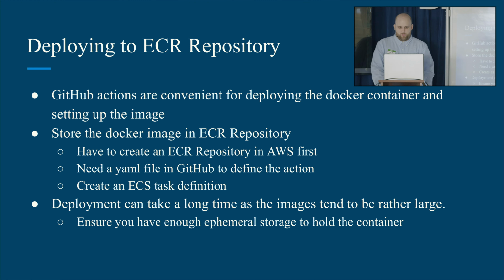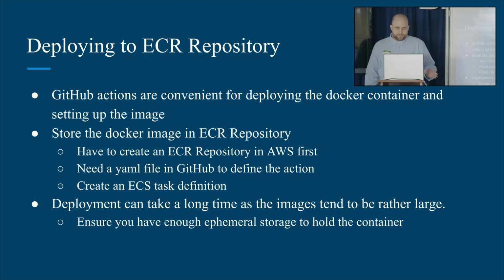Another important point here, though, is deployment can take a long time, as these images are somewhat large. I believe the one I'm currently using wound up being 12 gigabytes, and most of that is coming from the stuff with transformers and the base image I used from SageMaker.